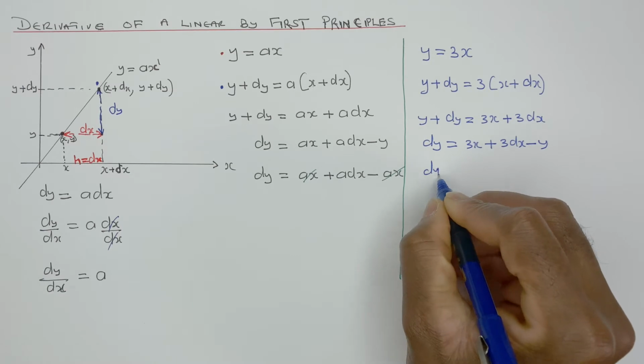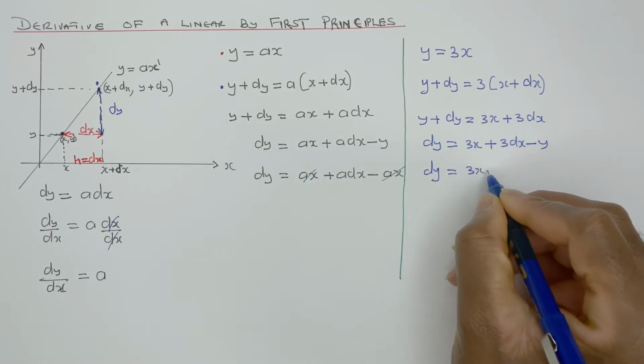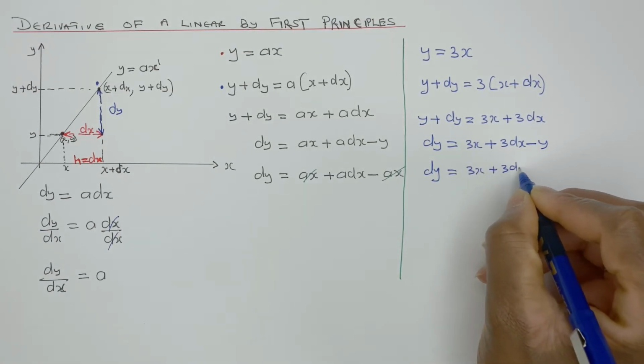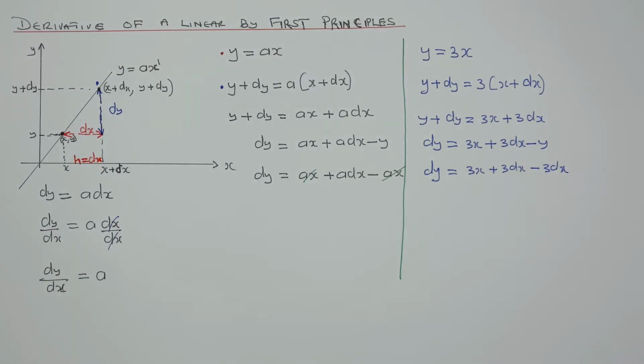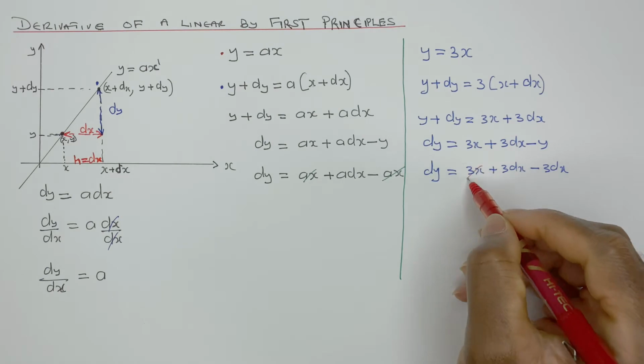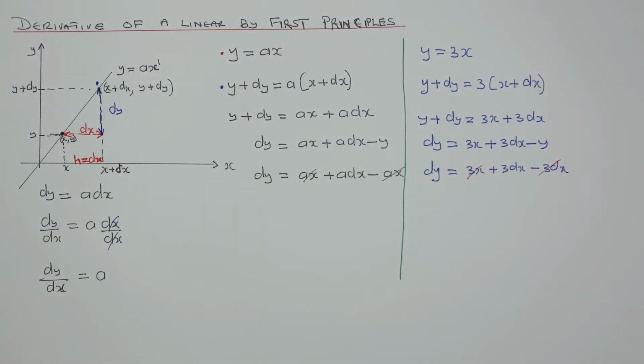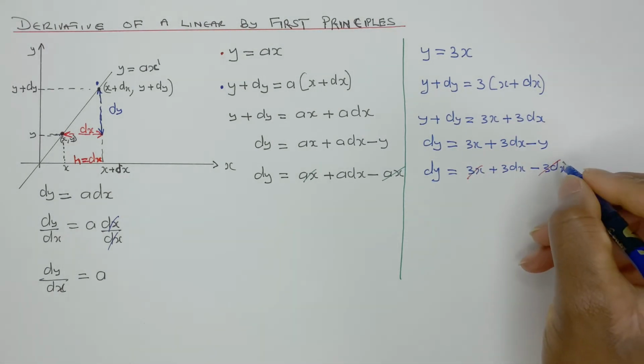So dy equals 3x plus 3 dx minus 3x. Well, you can see that 3x, we cancel 3x. Sorry, that's 3x, by the way, minus 3x.